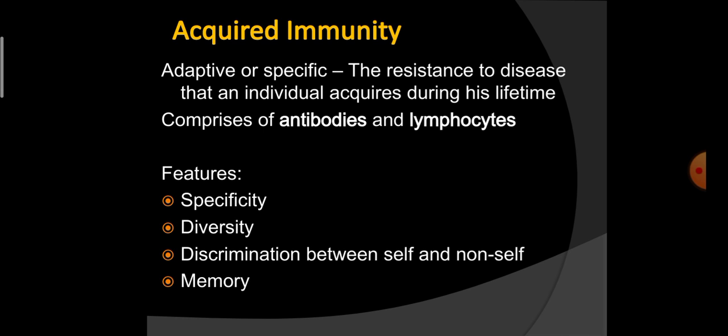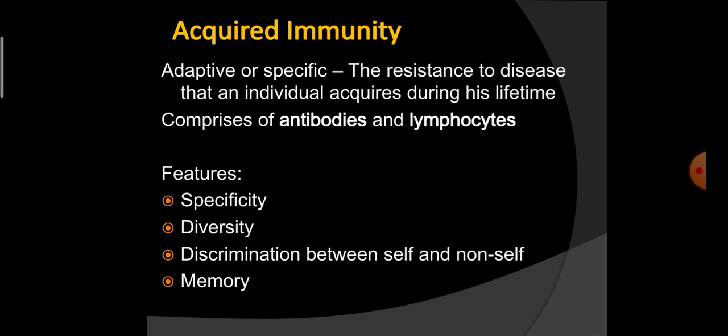Okay, next we have memory. The immune system of a body has a specific feature that it can recognize a foreign antigen, a foreign substance, after its first encounter. The first time it enters a body, the immune system will act against it and remove it.